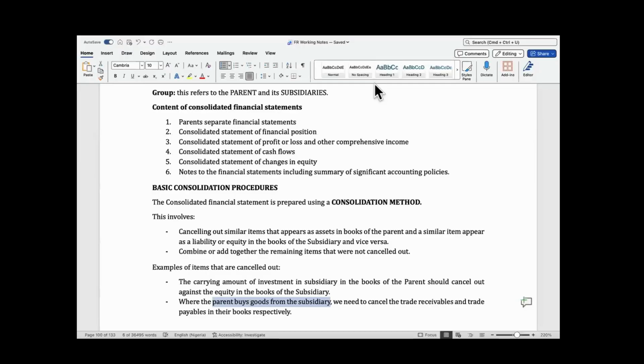It's simple because they will give you the accounts of the individuals, then you consolidate. Even if you don't do anything but just add the items together, and if you're able to identify similar items, cancel that one out. Any that is not similar, add them together. That's it. If you can have this in your mind, then we'll keep it simple so that we'll not waste too much time on learning the simple concept.